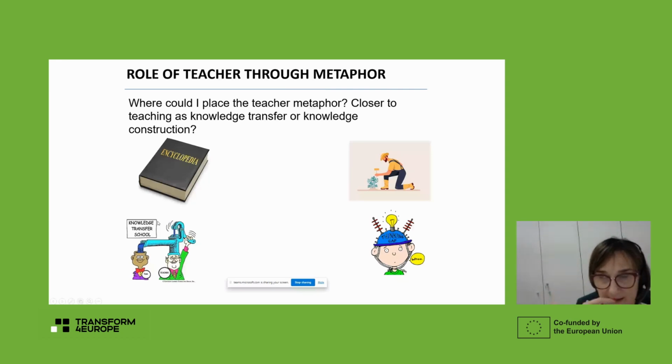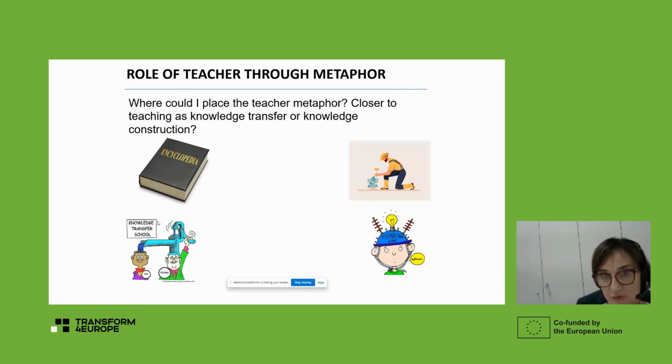But maybe you can make another reasoning out of this. We can say, okay, but like a microscope, the teacher also goes into things, tries to make sure also for the students that together we can look into the microscope and so on. So all these metaphors can be explained to yourself by using as many connections as possible.